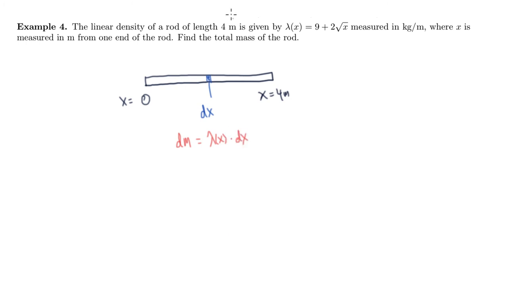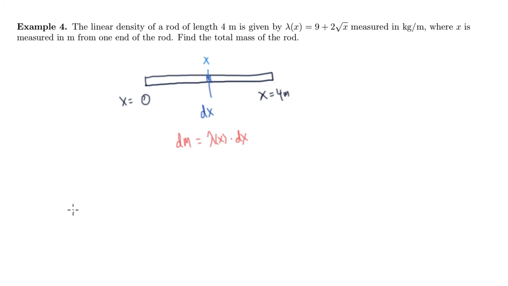Okay, so it's density per unit length times the length. And here is x. Okay, so at each x value, that little piece of the mass has a little width dx, and it has some density lambda of x.